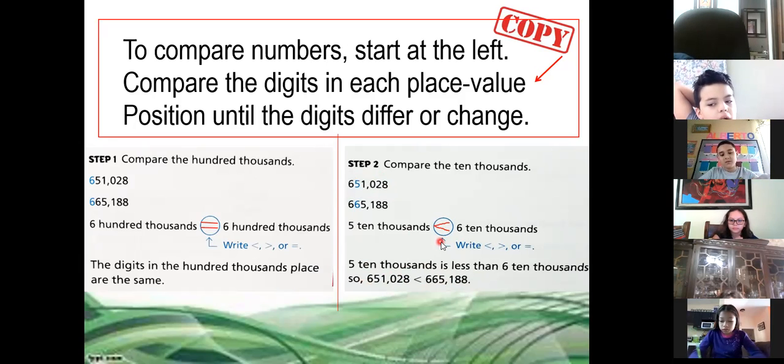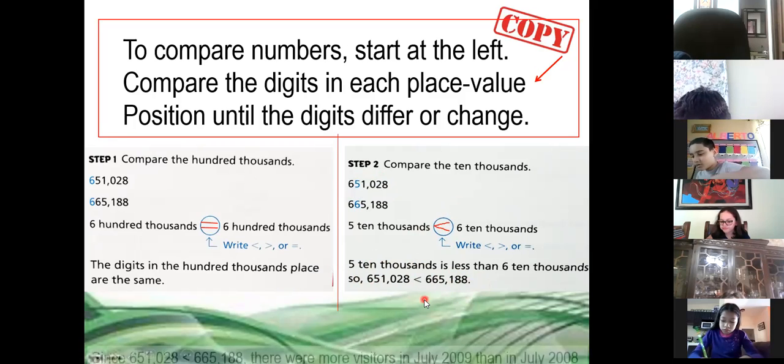We compared the two numbers. We find out that number 6, they are equal, but number 5 is less than 6. So it means that this first number, the first amount, is less than the second one because we already compared it. Yes?